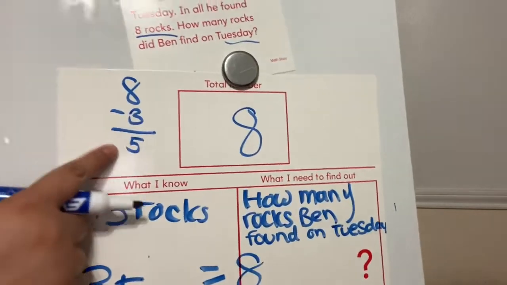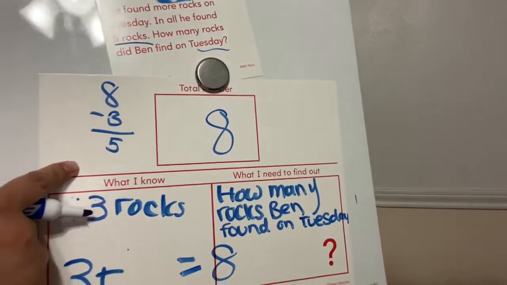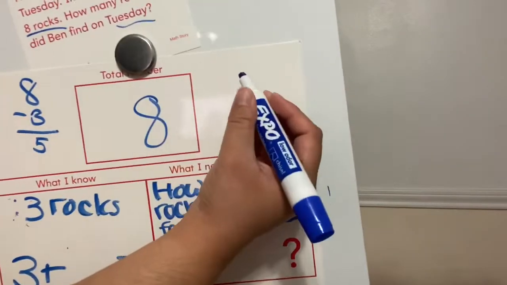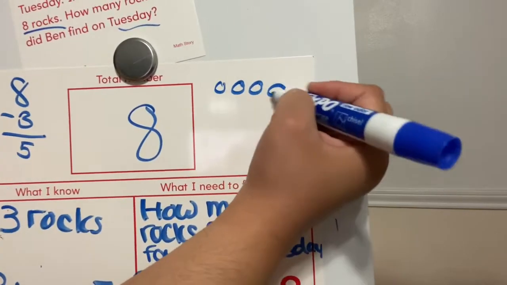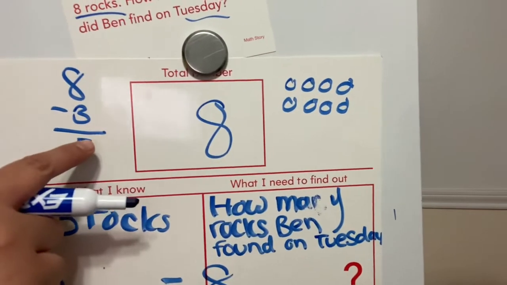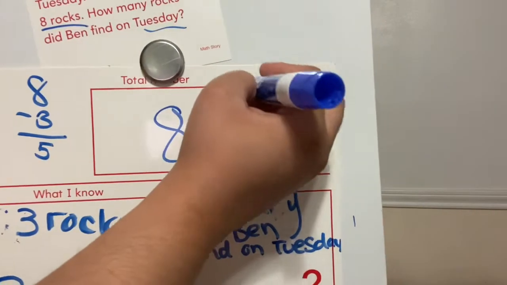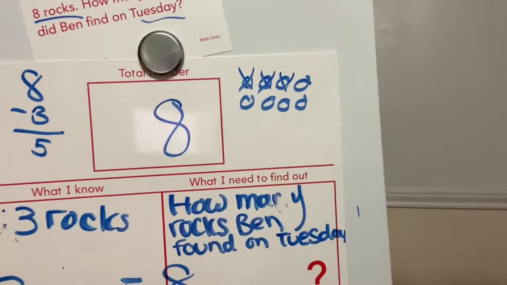Now, you can figure out the problem this way, or if you need to, you can draw circles to show your work. So right here, let me draw 8 circles. 1, 2, 3, 4, 5, 6, 7, 8. And I need to subtract 3. So I'm going to X out 3. 1, 2, 3. Then let's see how many I have left.